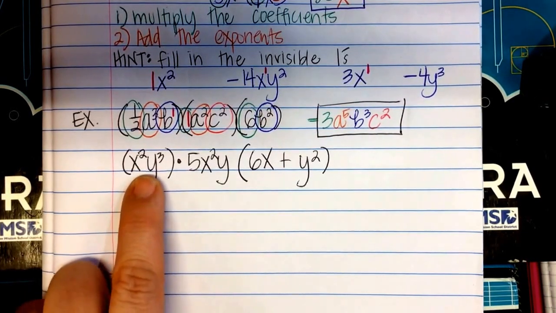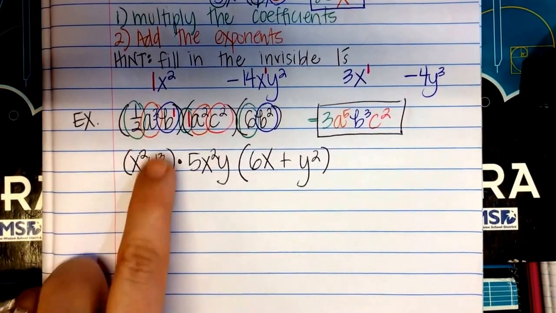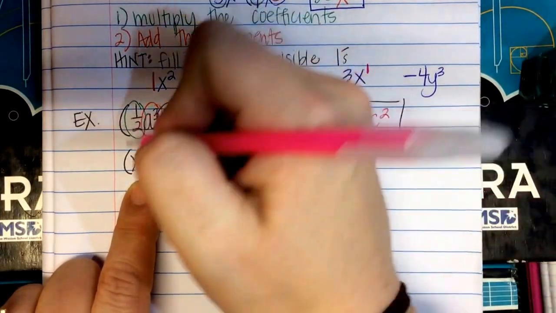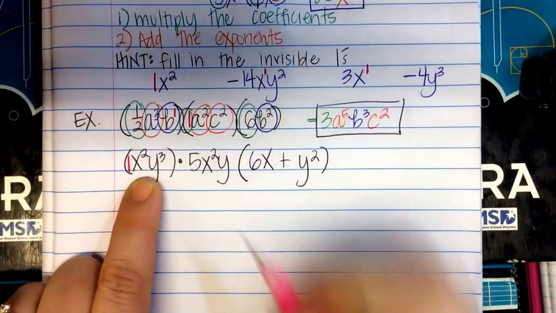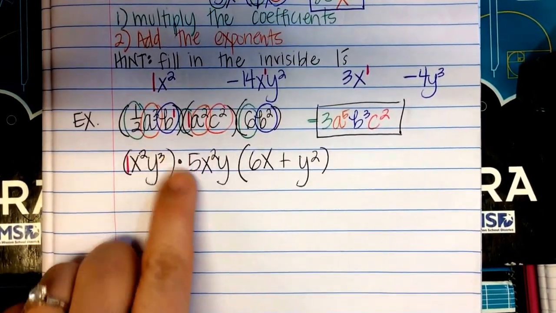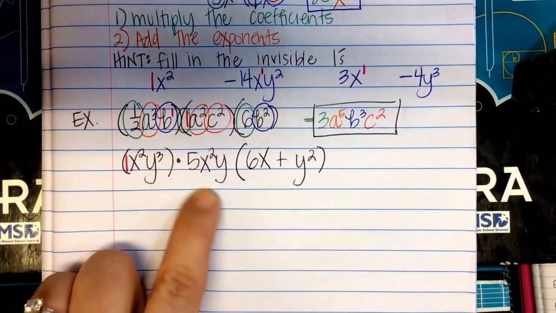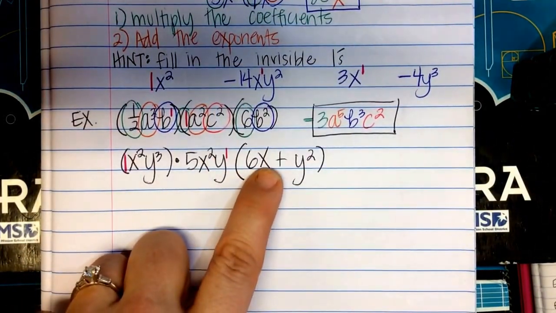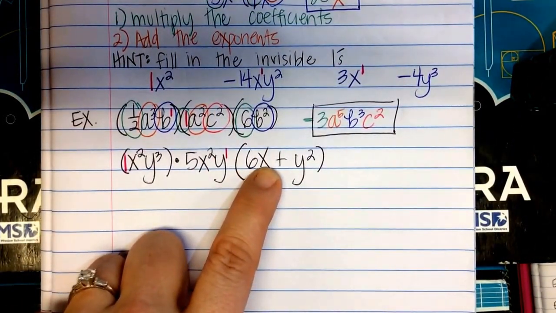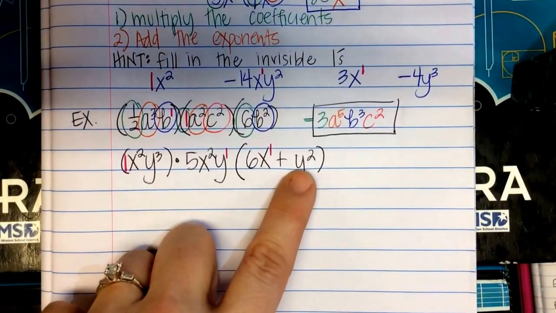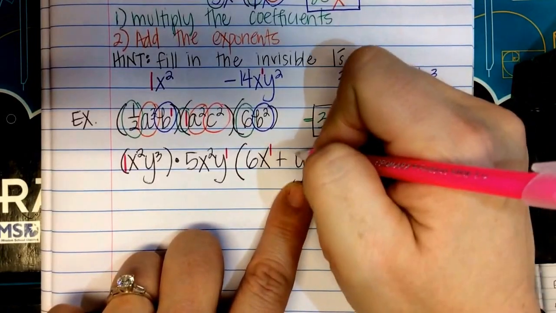So if I look at the first monomial, x squared y to the third, where would you put a 1? A coefficient. 5x squared y, where are you going to put a 1 in here? Exponent for y. 6x, where's the hidden invisible 1? Exponent for x. And y squared, where's the coefficient?